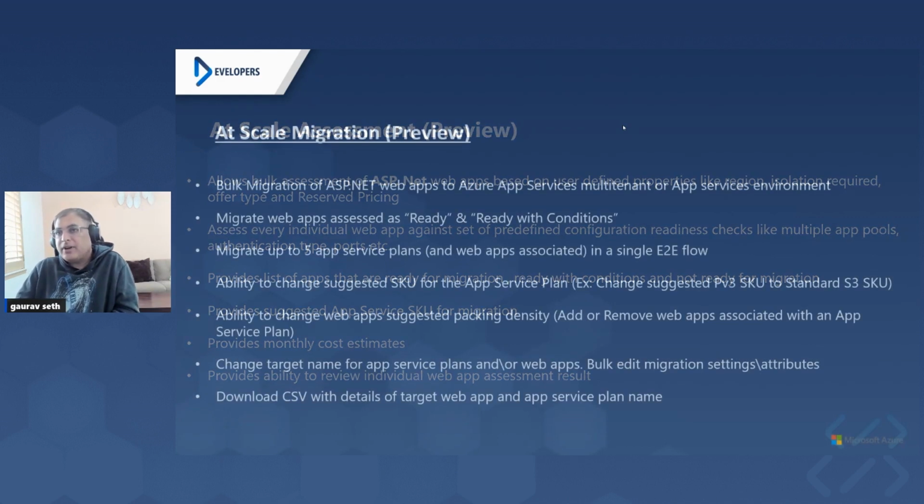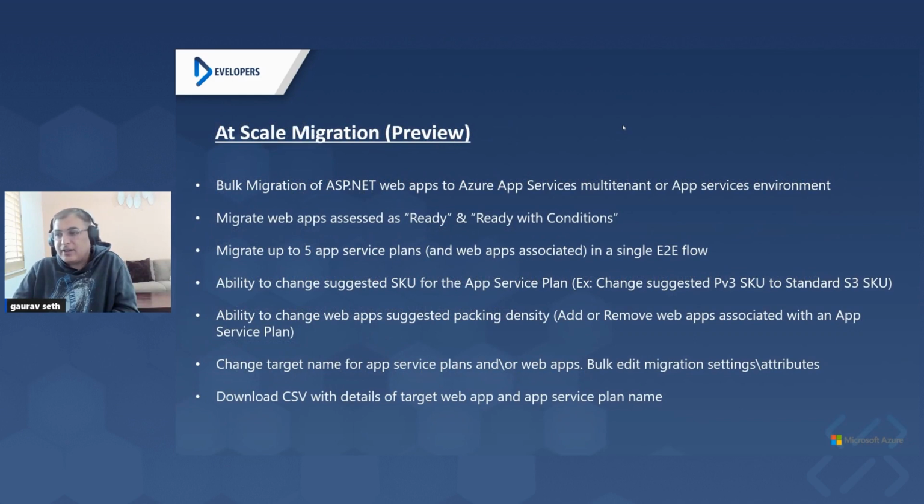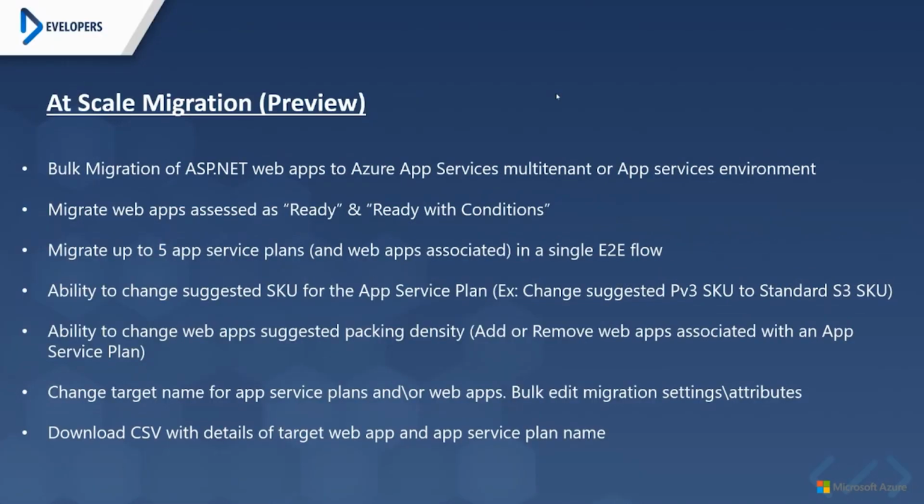Once you're done with discovery and assessment, the final step is the actual migration. There, you can package multiple different web apps and configurations along with them, and then migrate them to App Service. At a time, you can create 5 App Service plans and migrate your web applications.